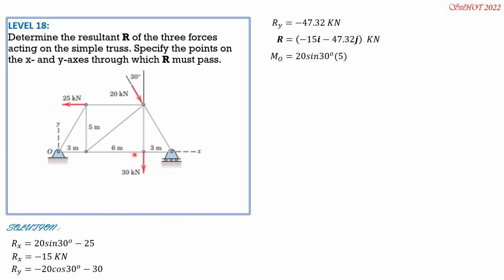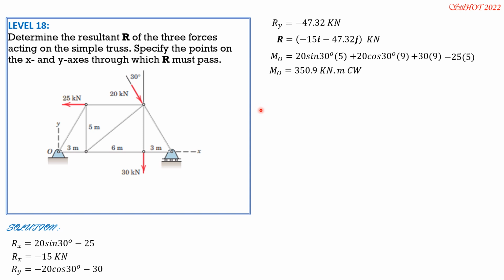The moment arm is 6 plus 3, so 9. That's also clockwise. The next 30 clockwise about O times 9. And finally, 25 is counterclockwise about O. So minus 25 times 5. So using your calculator, MO is equal to 350.9 kilonewton meter clockwise.